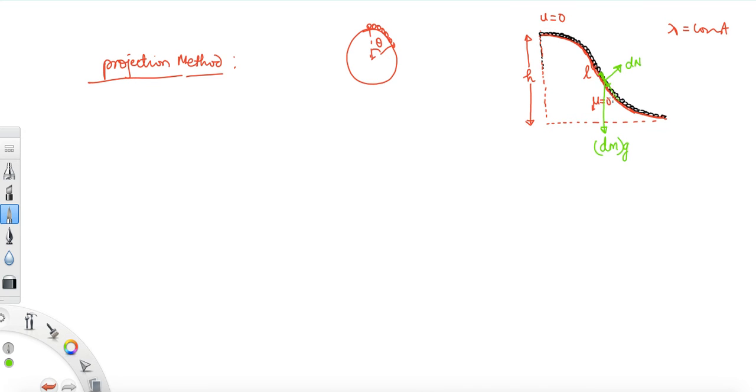One force is the tension T exerted by the right part of this dl, and the incremental tension is dT, so T plus dT is the tension force exerted by the left of the dl element.